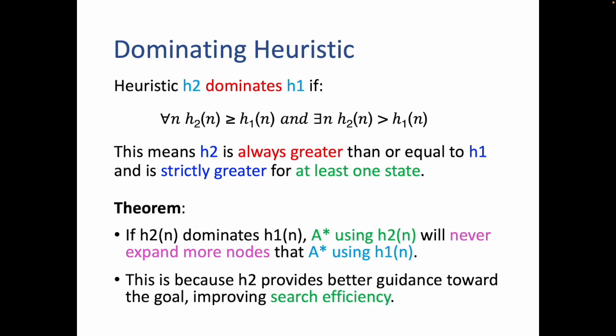The one that is greater, right? And can you explain why? If we have heuristic 2 and heuristic 1, we say heuristic 2 is the dominating heuristic if H2 is greater than or equal to H1. Yeah, heuristic 2 is closer to the actual.